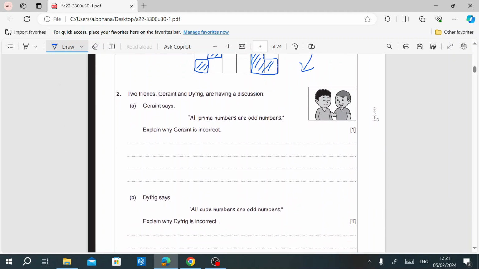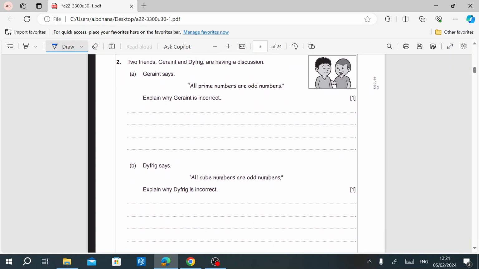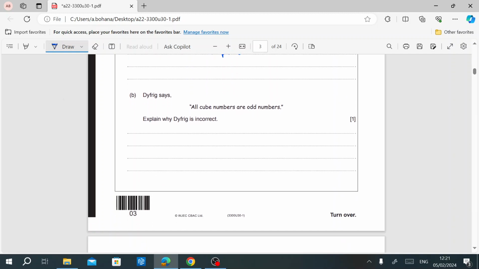Question 2. Two friends, Geraint and Doverick, are having a discussion. All prime numbers are odd numbers. Well, that is obviously incorrect because the first prime number, as you all know, is 2. So you just say 2 is right. And then he says all cube numbers are odd numbers. Now a cube number is this: 1 times 1 times 1 equals 1, odd.